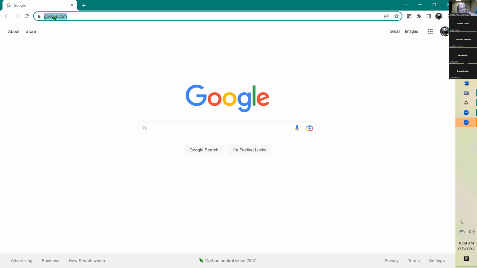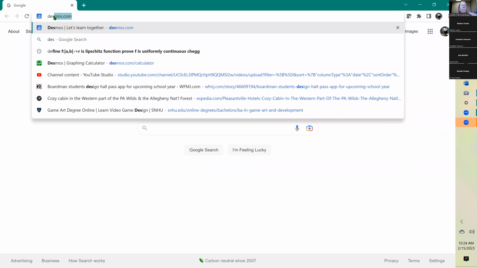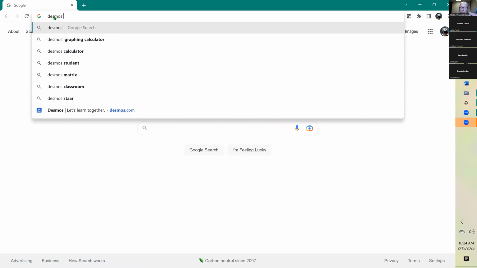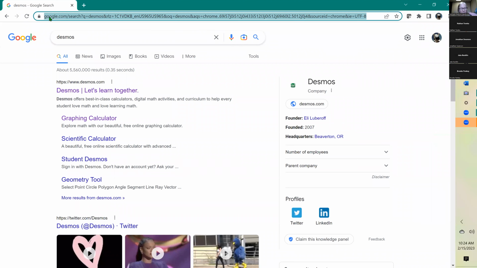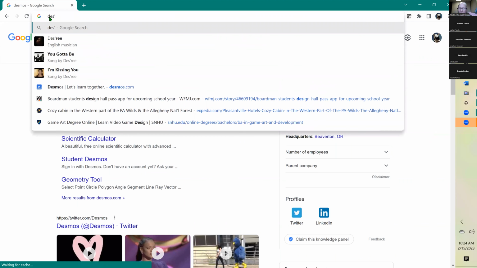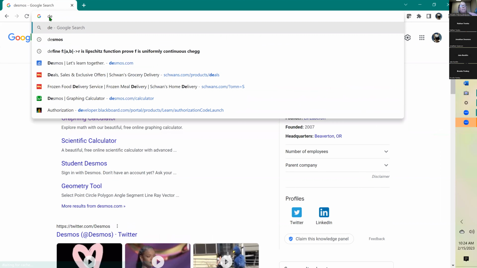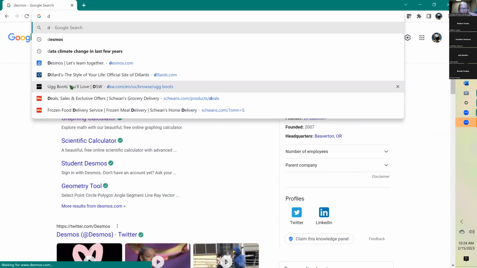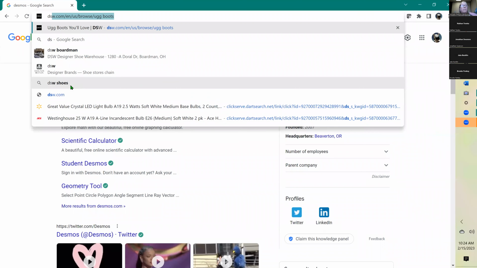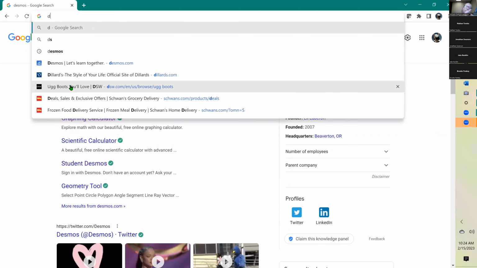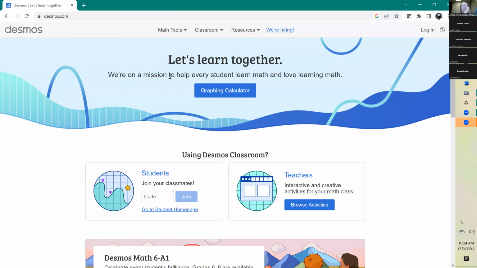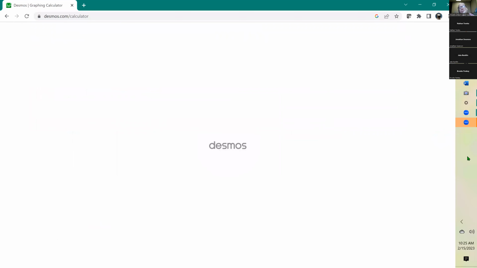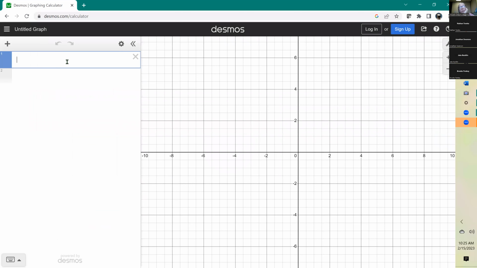So you go to desmos.com. I keep hitting the wrong button. There we go. And then graph both of them.